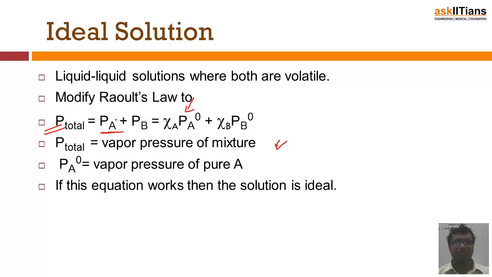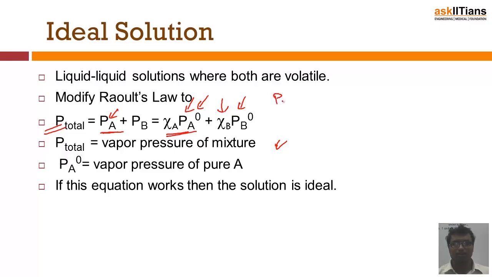The vapor pressure of the given constituent A is nothing but the mole fraction of A multiplied by the true vapor pressure of A, and the mole fraction of B multiplied by the true vapor pressure of B. So P total is nothing but the vapor pressure of the mixture.